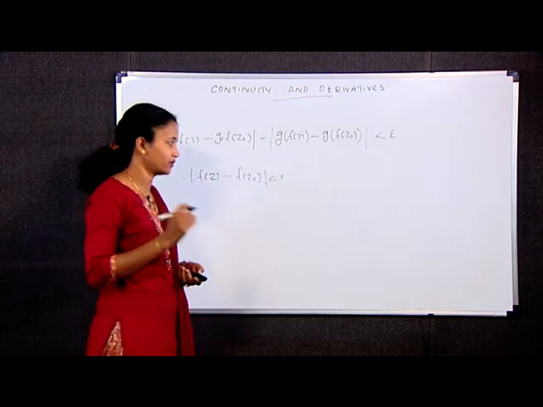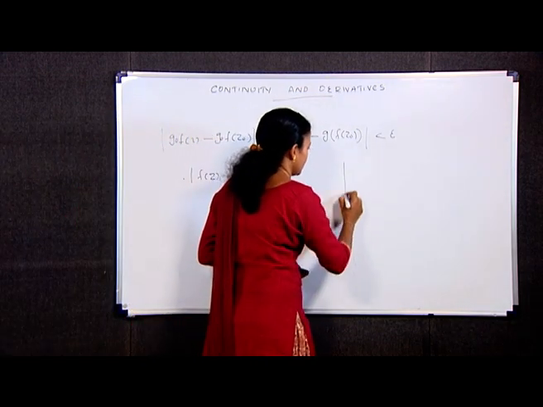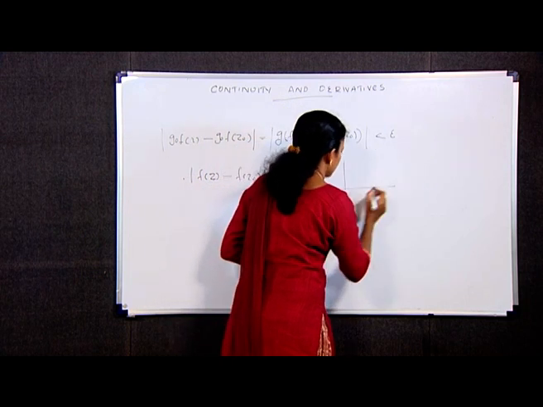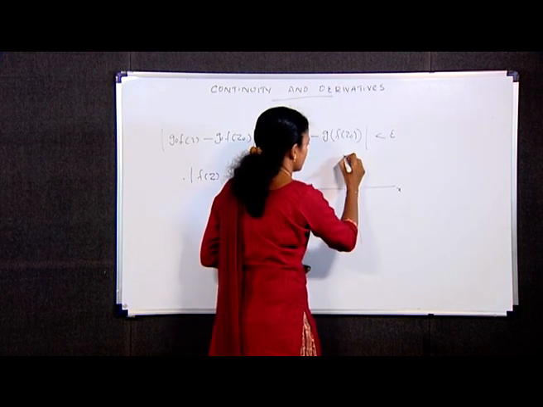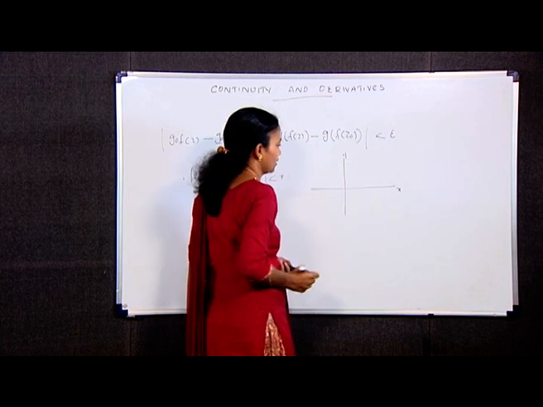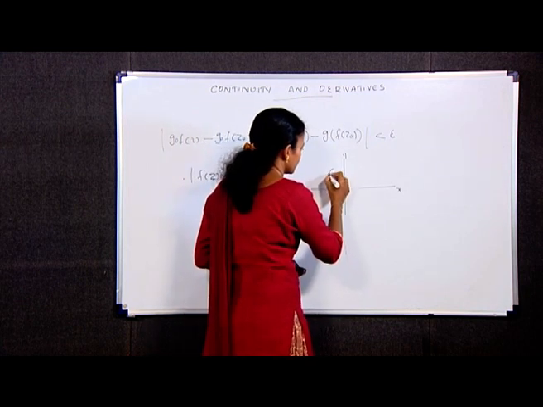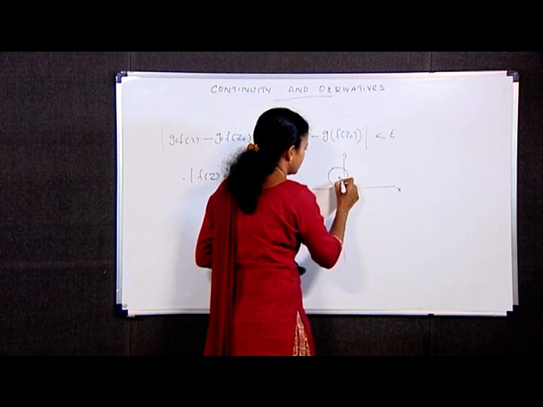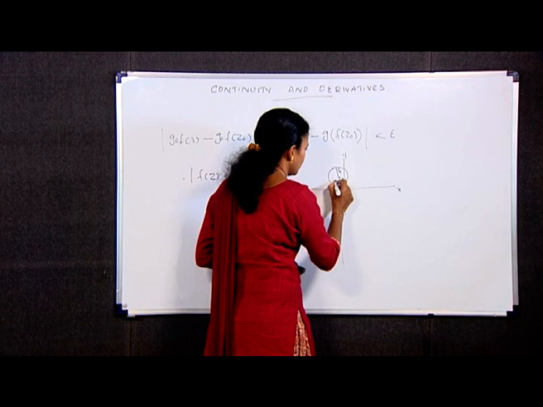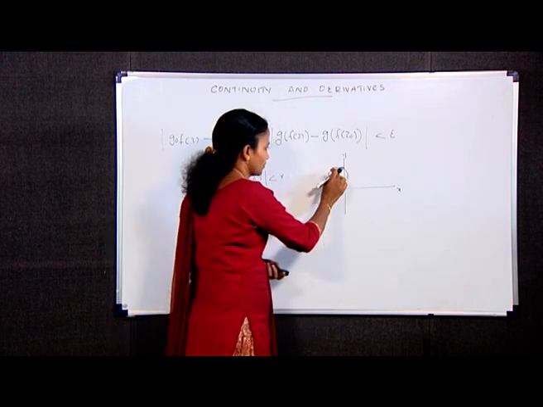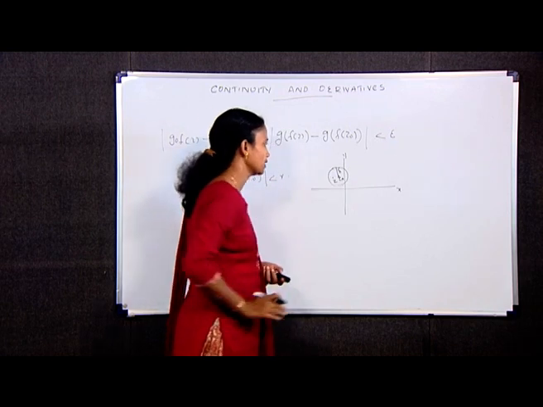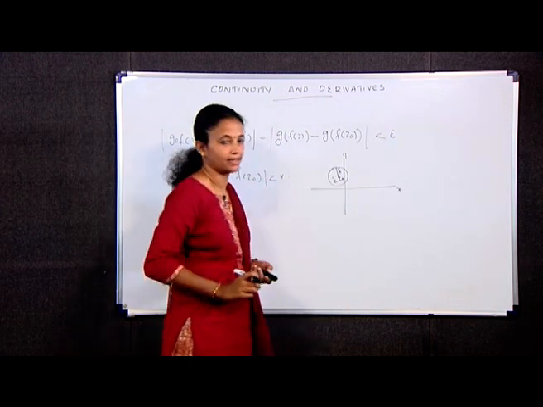Here we can find a figure. This is our x-y plane. Here we have z₀, this is our delta, and here we have z. The distance between z₀ and the circle is delta.